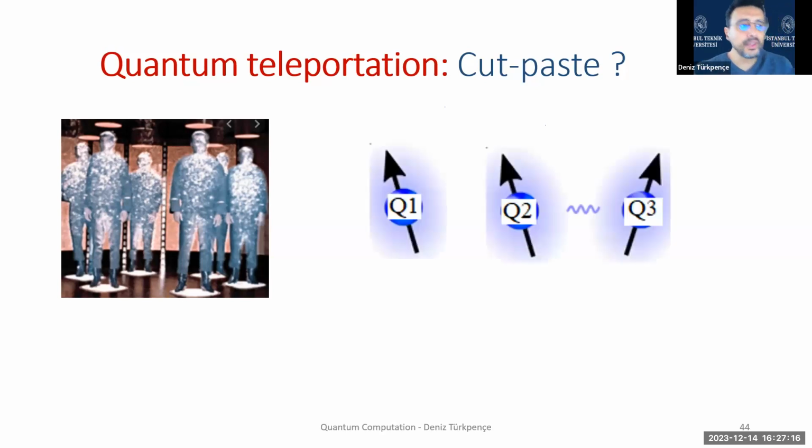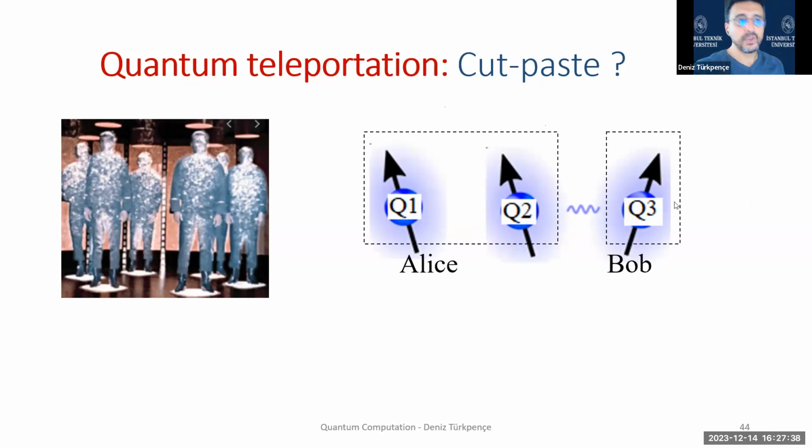So assume that initially we have 3 qubits and assume that 2 of these 3 qubits are initially entangled, okay? So this is my initial assumption to send, or to teleport, a single qubit information. Here we have 2 parties, Alice and Bob, who are the standard people in quantum information.